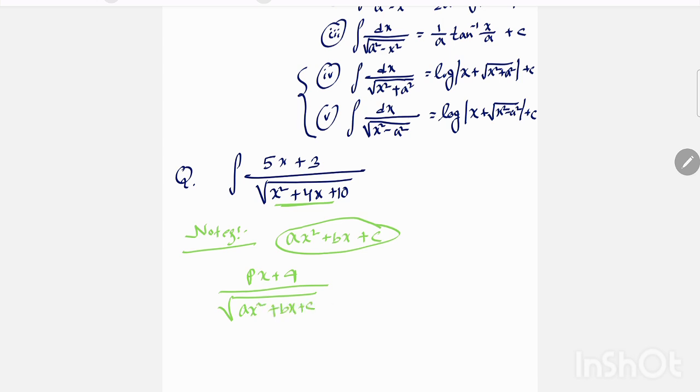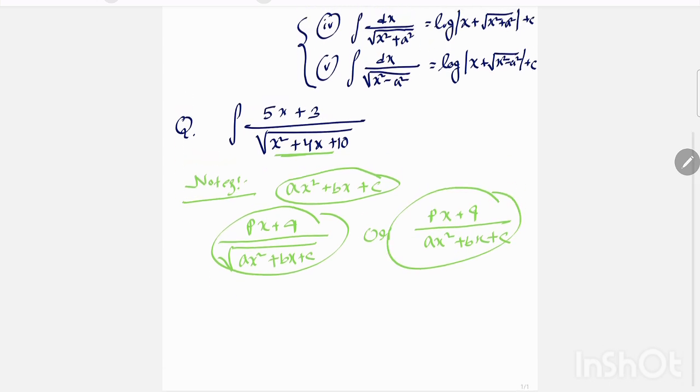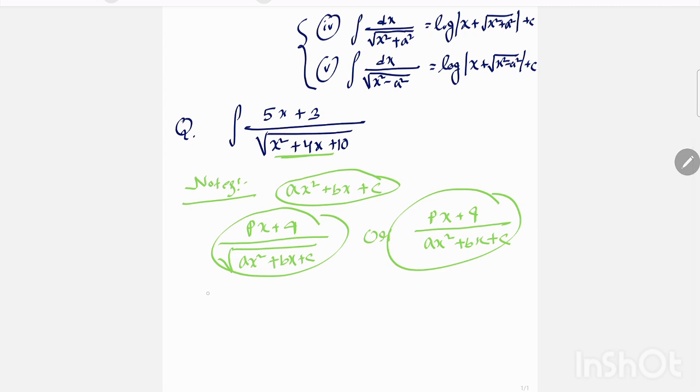Whenever this kind of form comes, either px plus q by ax square plus bx plus c, without a square root, or with a square root, in both of these forms you have to transform the expression in such a way that its derivative appears in the numerator.